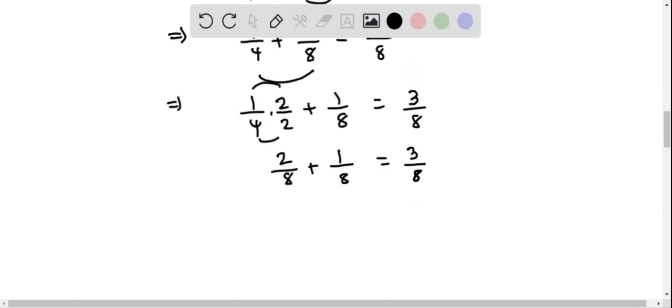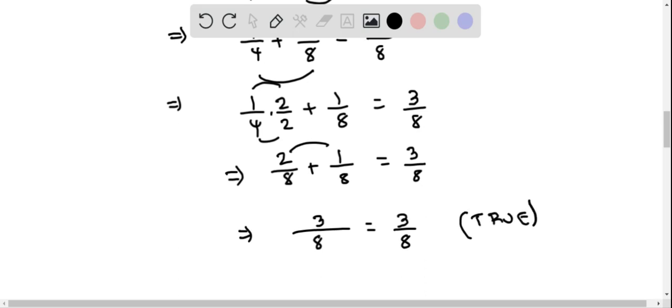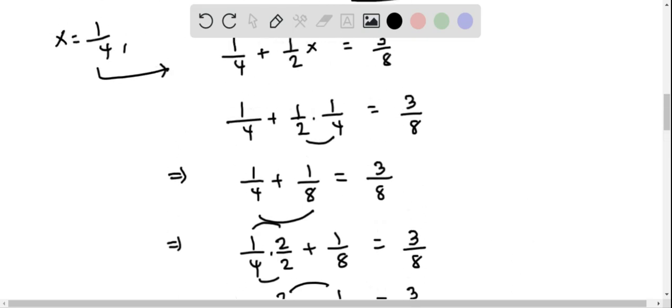We now have a common denominator on the left side fractions. So I can put a common denominator and add the numerators. 2 plus 1 is 3. So we have 3/8 equals 3/8. And this is true. And this means the value of x equal to 1/4 is correct.